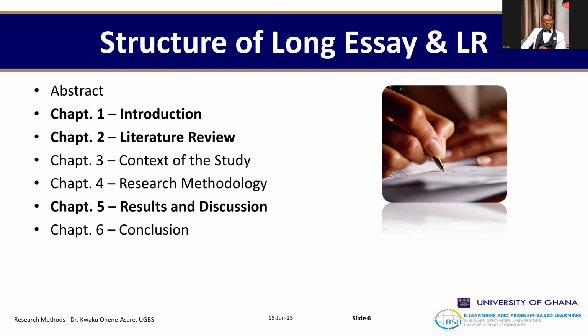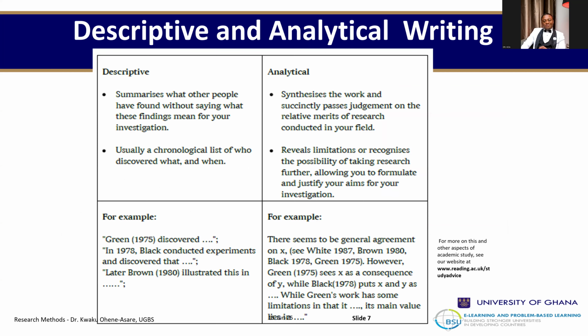Now, let's just remind ourselves of the structure of the thesis: introduction, literature, context, methodology, analysis, discussion, and conclusion. The most important thing about literature review is to know the difference between descriptive and analytical literature review. Descriptive writing and analytical writing are what confuses a lot of people.